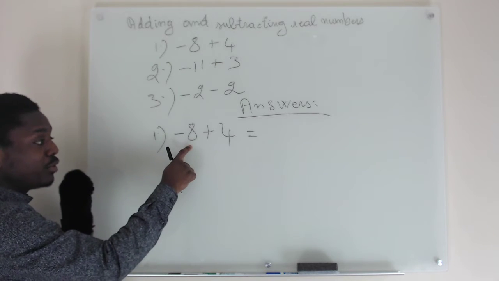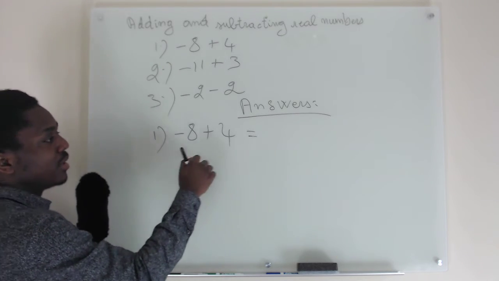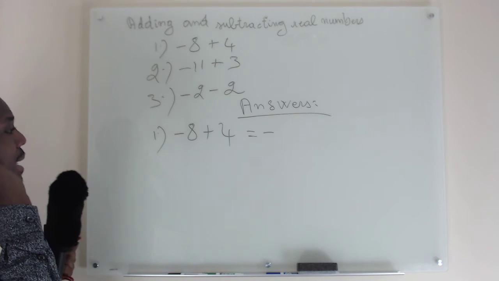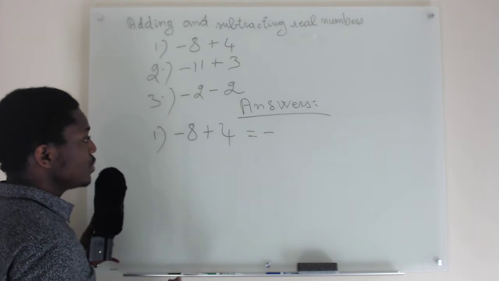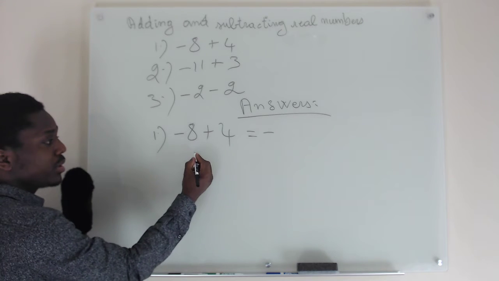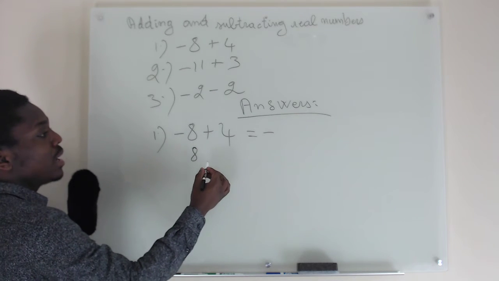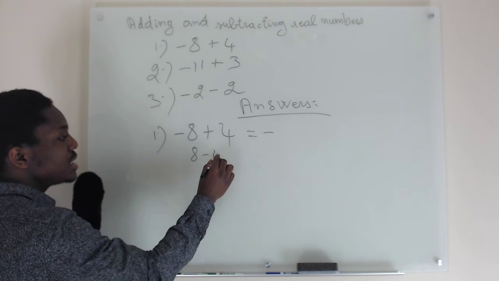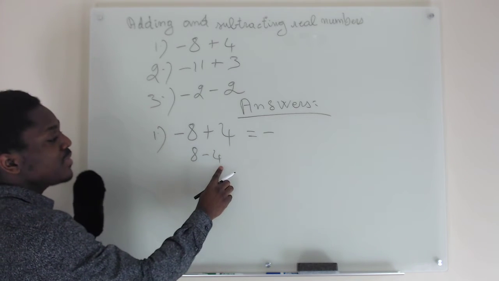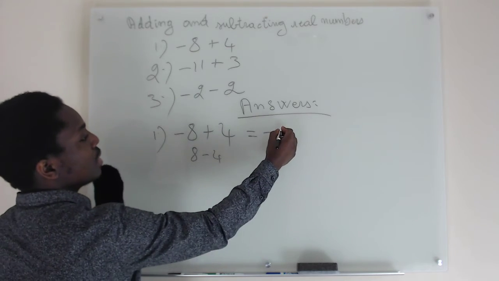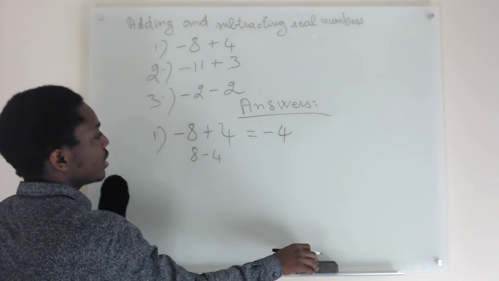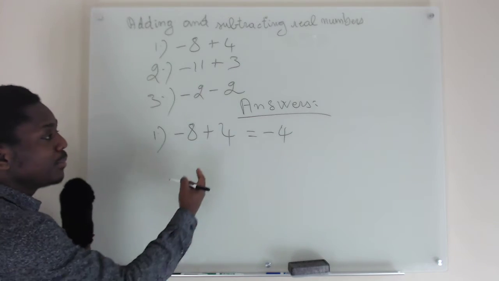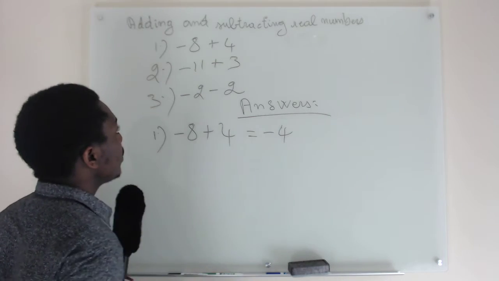What is the sign of the number 8? Negative. So we put the negative sign right here. Then we take the big number, which is 8, minus the small number, which is 4. What is 8 minus 4? 4. So you put 4 here. The answer to -8 plus 4 is -4.